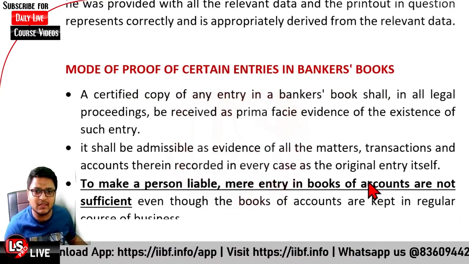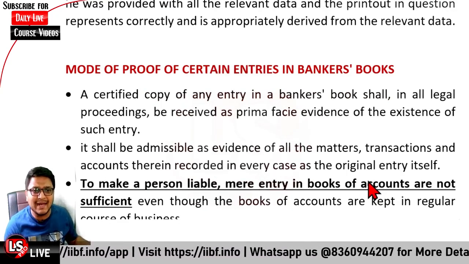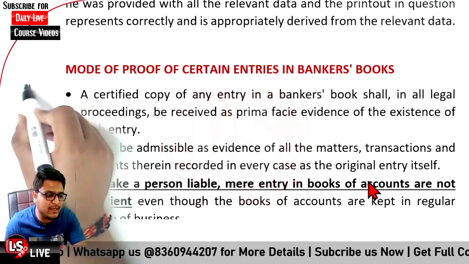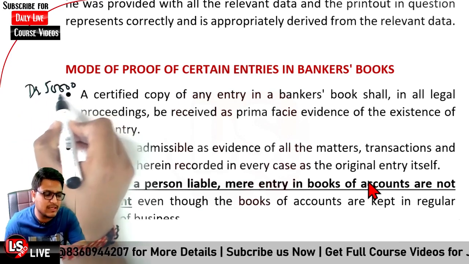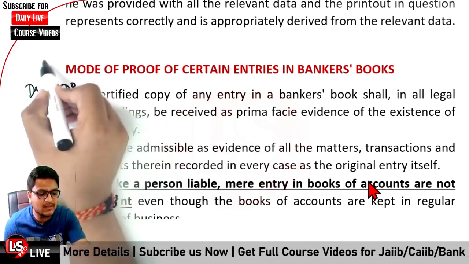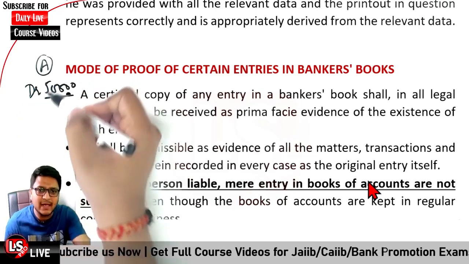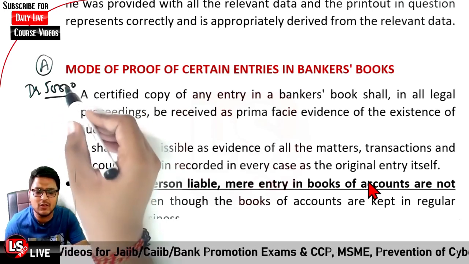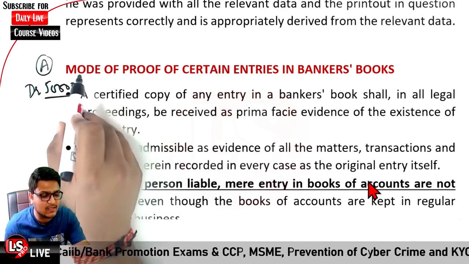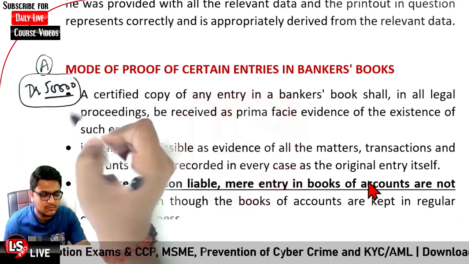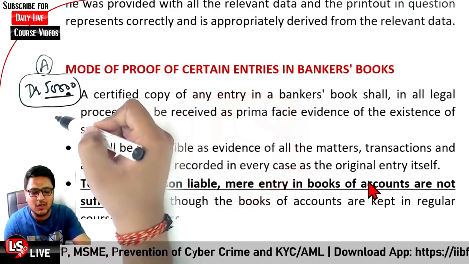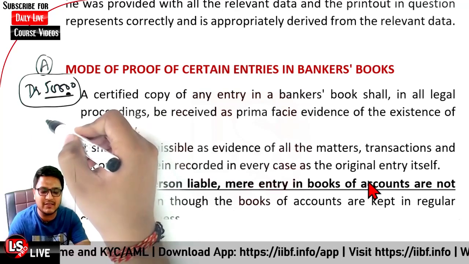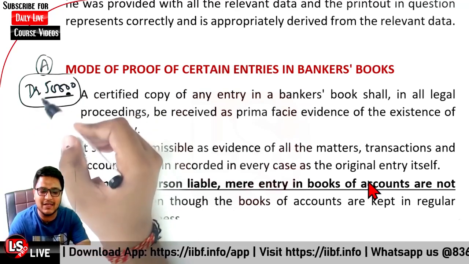So we have already read that a certified copy is considered to be as good as that of the original entry itself. And to make a person liable, mere entry in the books is not sufficient. If we say in the books of account there is a debit entry of rupees 50,000, and this is under the account of person A, and person A says over here that he has not withdrawn this particular amount, and then in that case just to produce such entry under the Bankers Book Evidence Act would not make person A liable.